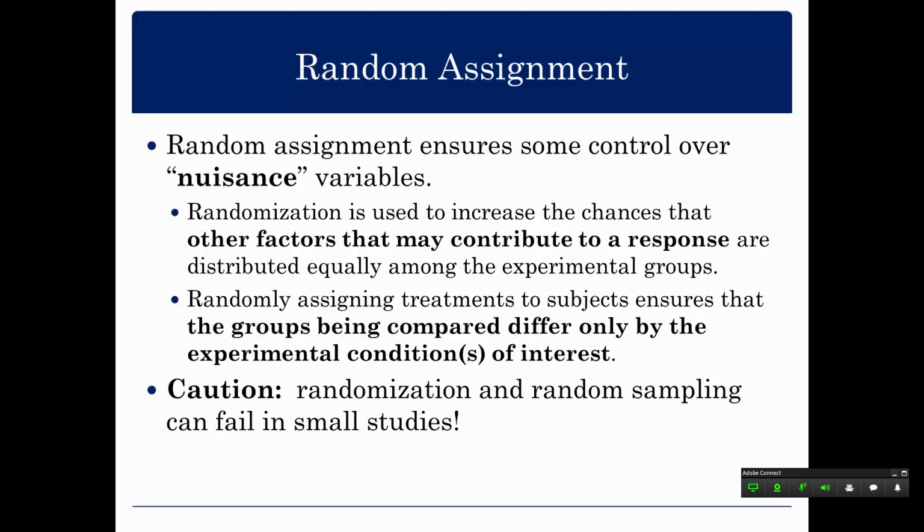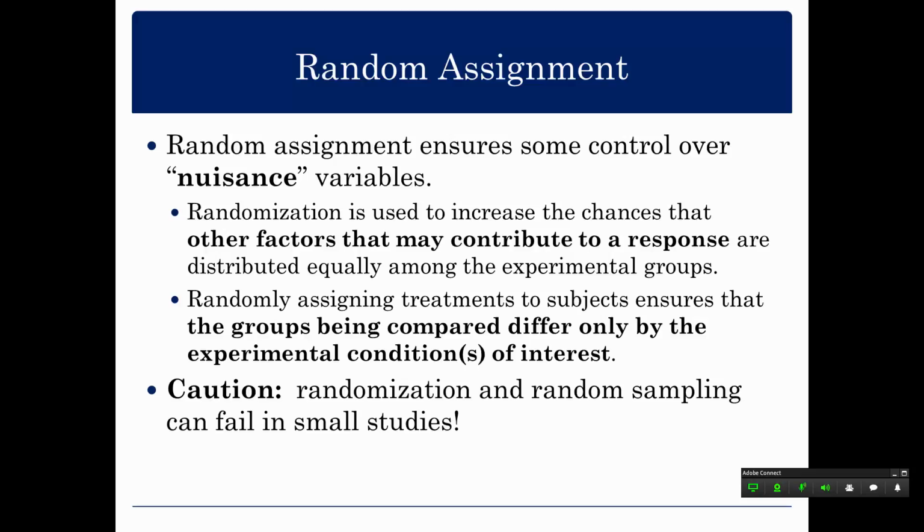In that study, randomization was not used, so we ended up with this nuisance variable, which was exposure to smoking through the previous generation, that could also impact the ability of a woman to get pregnant.